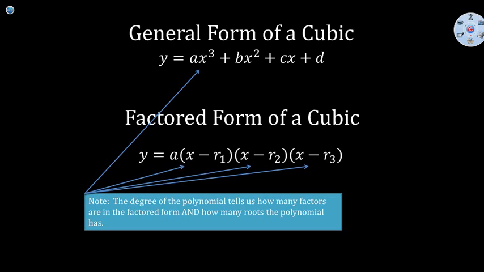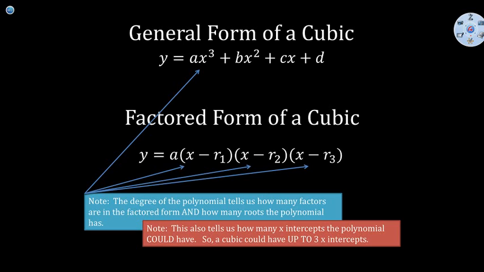Super, super important. Another thing to note here is that this also tells us how many x-intercepts the polynomial could have. So this graph, this cubic, has a third degree, it has three factors, it has three roots, and it could have up to 3 x-intercepts.